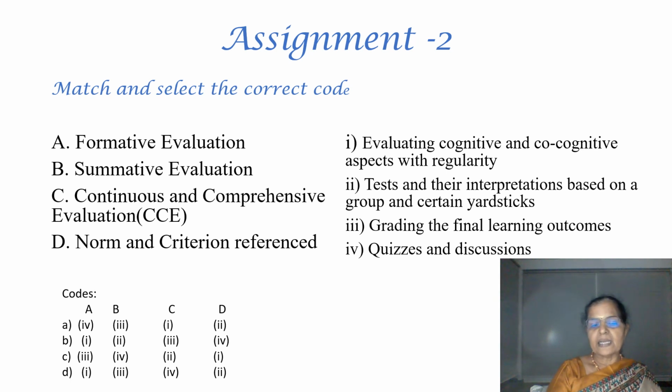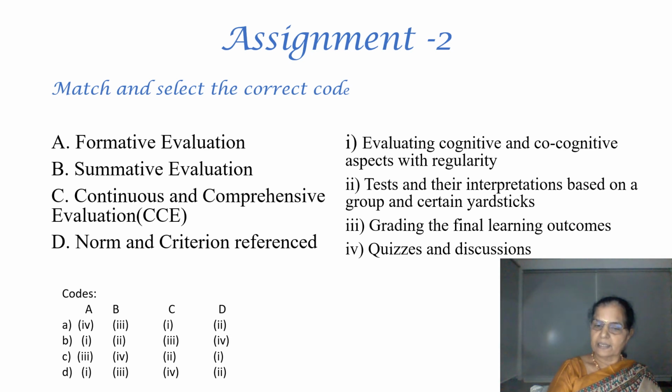And the last, D, norm and criteria referenced. So the second option talks about the criteria. The yardstick is another name for criteria. What is the yardstick for measurement? What is the criteria for measurement? Parking is the criteria for a driving license. Parking with a vehicle is the yardstick for getting the driving license.